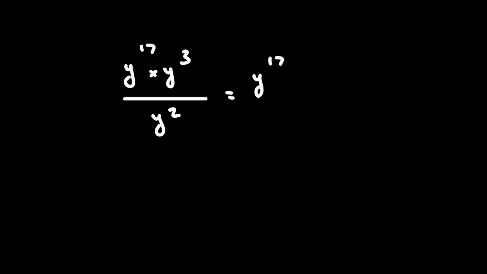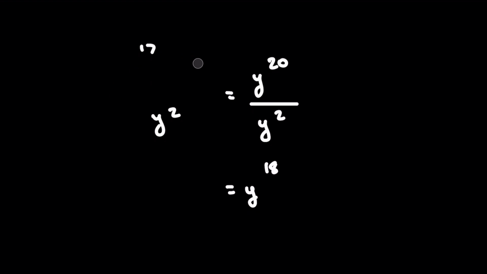So this simply becomes y to the power of 17 plus 3. And that just becomes y to the power of 20. And we can divide this by y to the power of 2. And now, because we're dividing two exponents with the same base, it simply becomes y to the power of 20 take 2, or just 18. So that's how you simplify this one here.